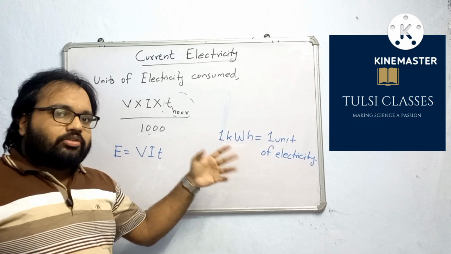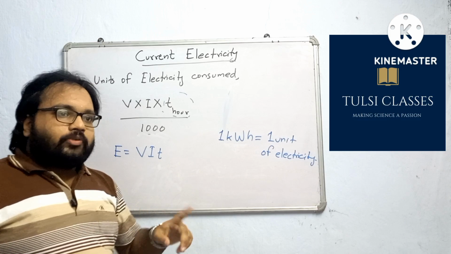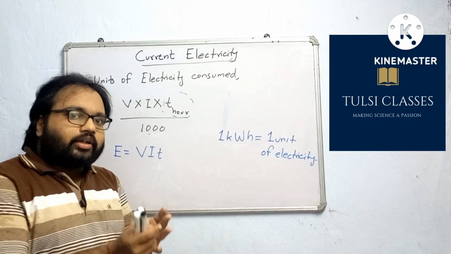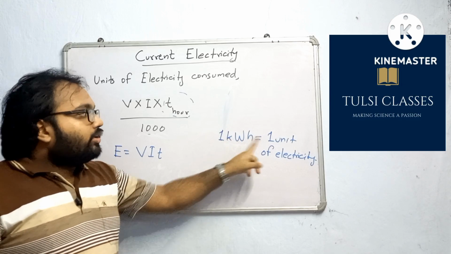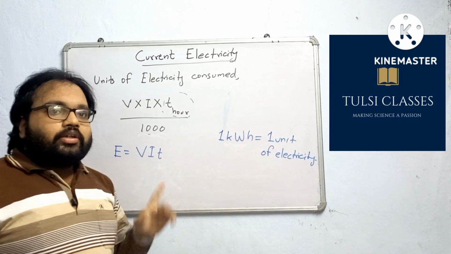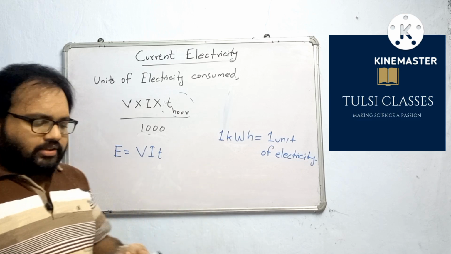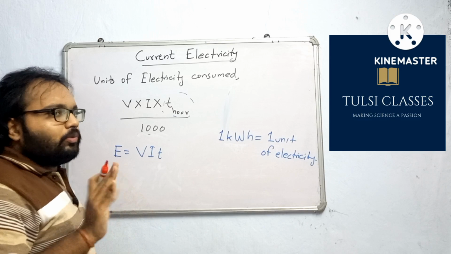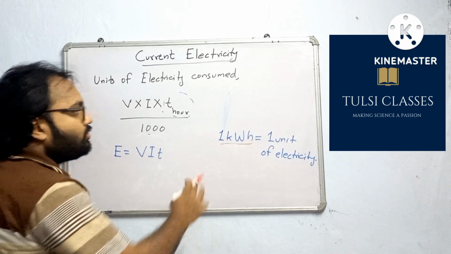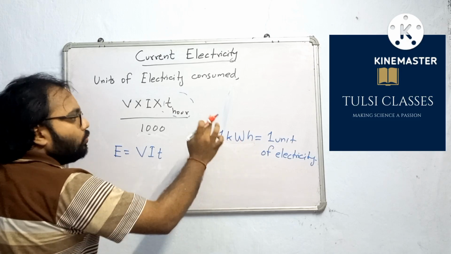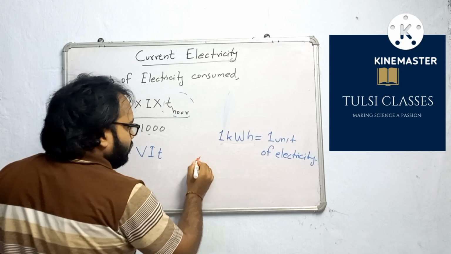If we use an electric kettle of 1000 watt for 1 hour, then 1 unit of electricity will be consumed and you have to pay accordingly, like rupees 5, I think, as it is generally in many areas. So 5 rupees you have to pay for running the 1 kilowatt electric kettle for 1 hour.